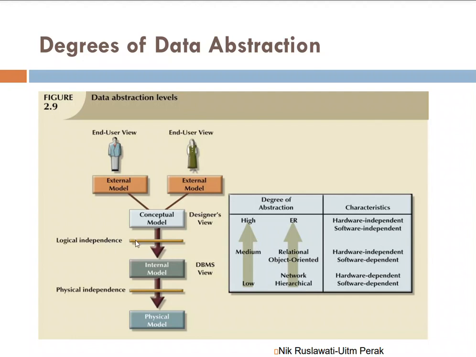Okay, so you boleh nampak kat tepi ni, di peringkat medium, medium ni adalah internal model. Okay, yang low degree of abstraction ni adalah physical model, yang high degree of abstraction ni conceptual model dengan external model ni lah. Okay. So semakin dia bergerak ke atas, okay, semakin tinggi level, degree of abstraction. So end user hanya melihat tu dalam bentuk yang paling simple representation. Okay.